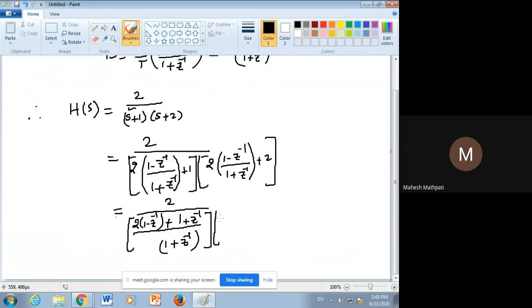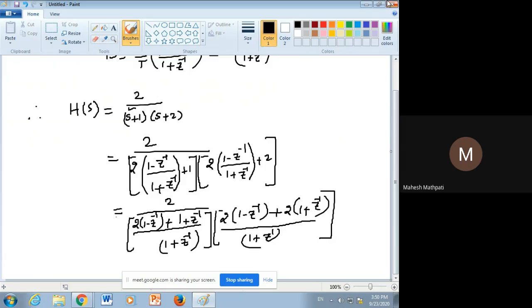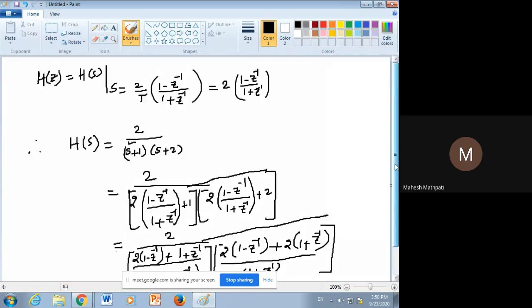Then the second term is again 2 into (1 minus z inverse) plus 2 into (1 plus z inverse) divided by (1 plus z inverse). Then close this complete bracket. Can you simplify this further? So here this is a complete divide, and here also this is a complete divide. Now if you further simplify this, what will you get?